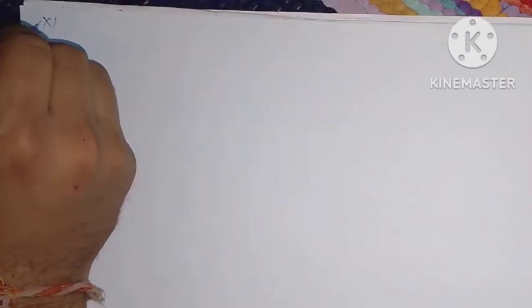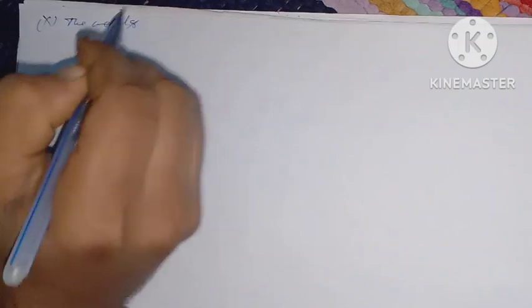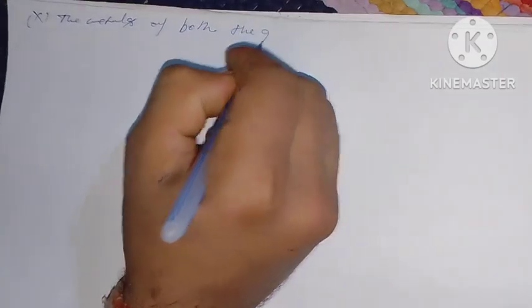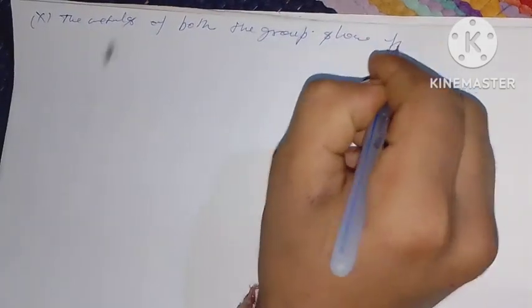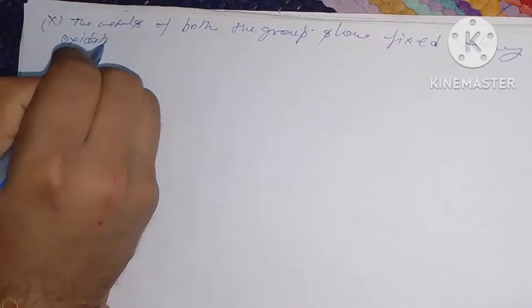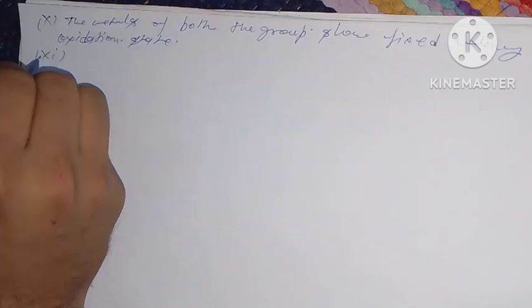Next point, point 10. The metals of both the groups show fixed valency or oxidation state. Eleventh point.